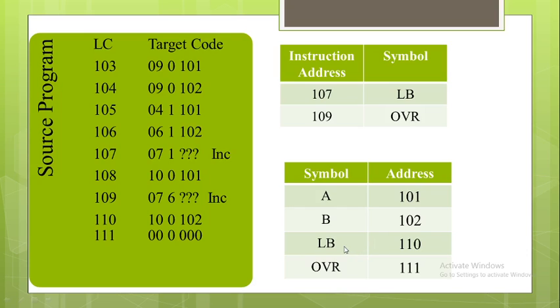Whenever we come across the label LB, the address will be 110, and at last the symbol OVER gets the address 111. So at the end, the two incomplete instructions mentioned in the table of incomplete instructions are completed by referring to the symbol addresses from the symbol table.